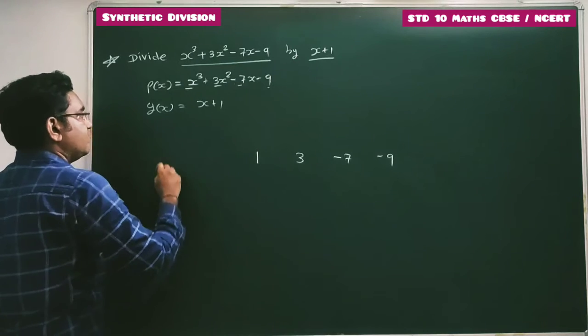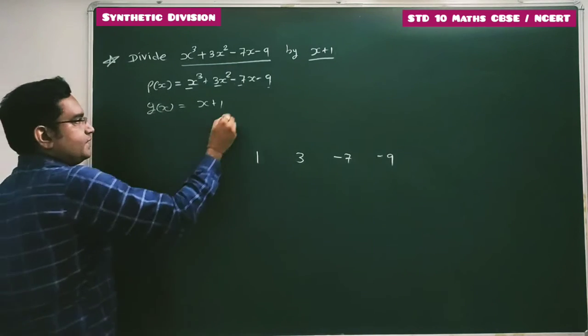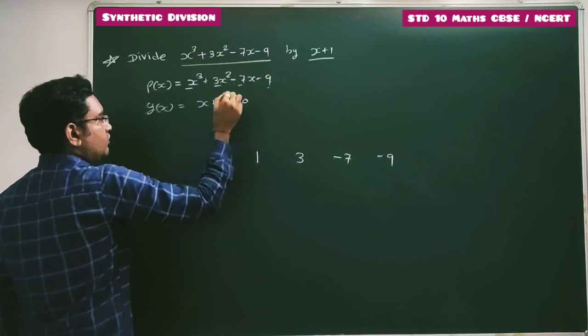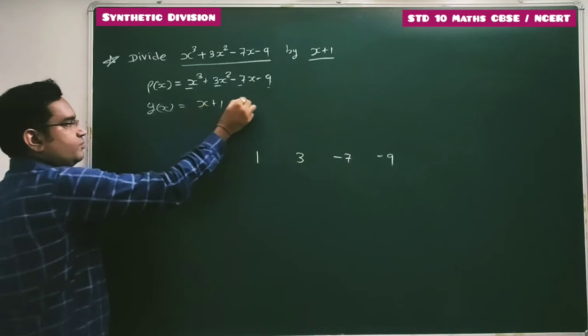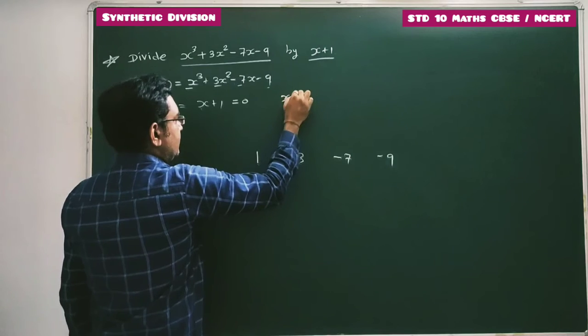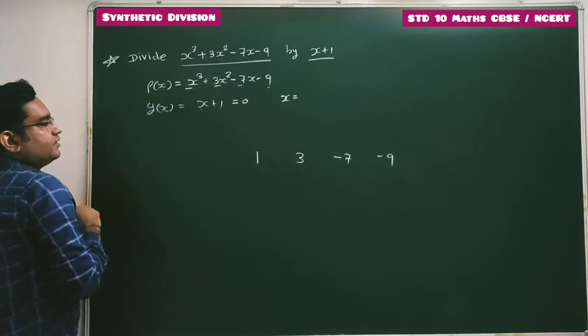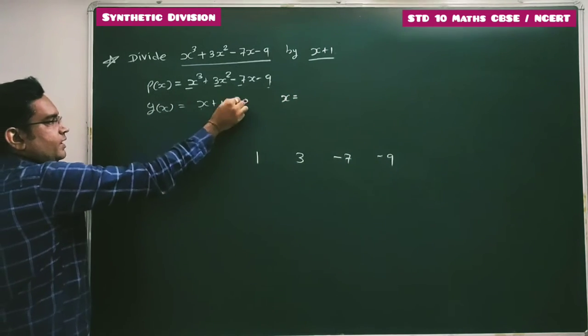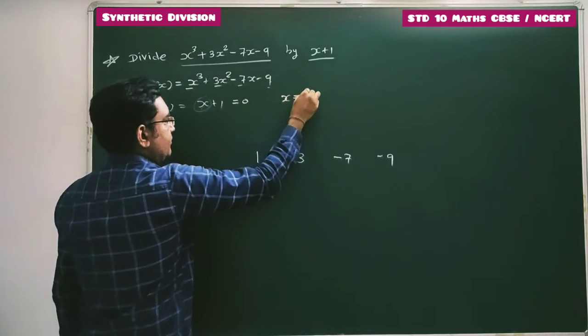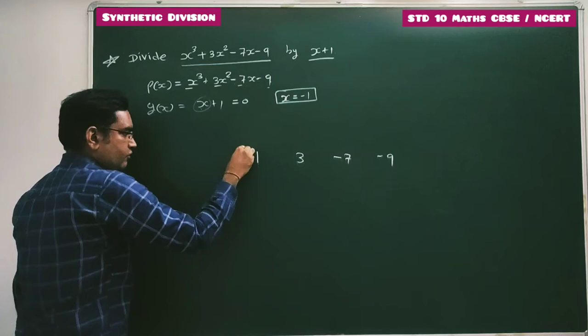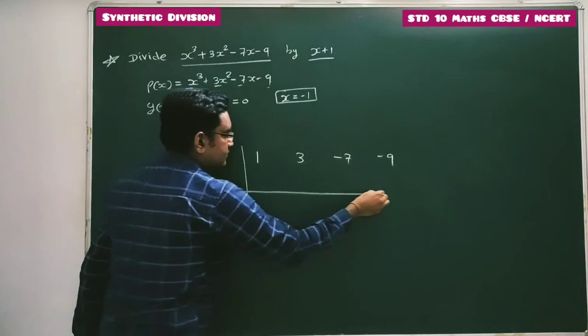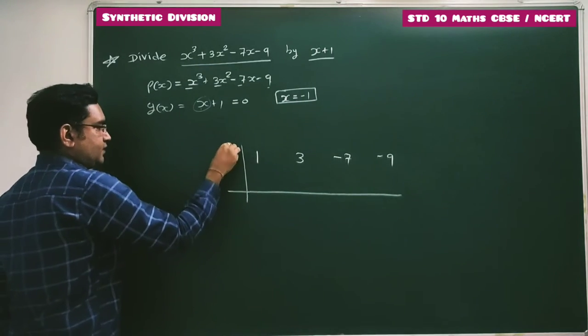Then we consider the divisor polynomial. Take this divisor polynomial equal to 0 and we get the value of x. After comparing the divisor polynomial with 0, we get x as minus 1. So we write that value of x over here, minus 1.